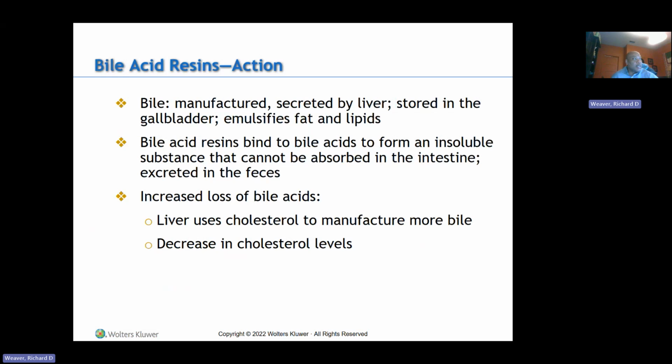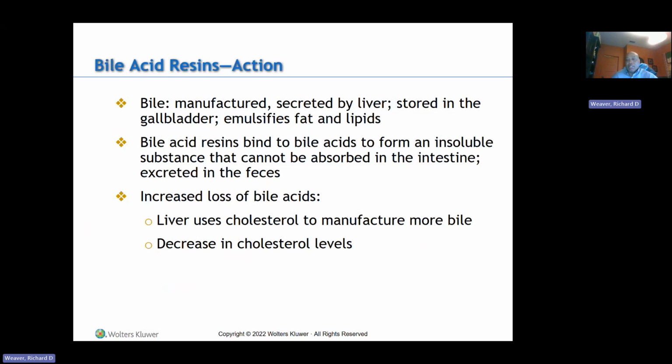All right, so the next cholesterol lowering drug is your bile acid resins. Bile acid resins. All right. Now, you guys have heard of bile. We know that bile is manufactured and secreted by the liver and then stored in the gallbladder until we need it, especially when we eat foods that contain fat.